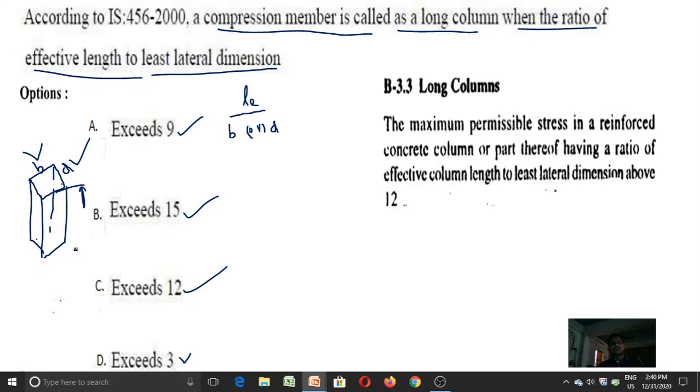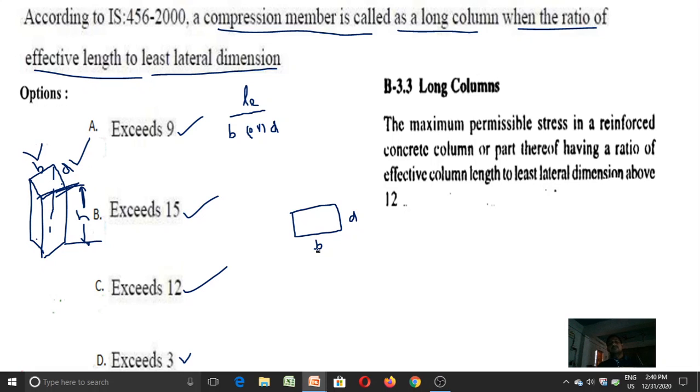The dimensions which are perpendicular to the longitudinal dimension are called lateral dimensions. So these two dimensions are perpendicular to this height, B and D. Here I have a plan of that column, say. This is B and this is D. These two are the lateral dimensions.